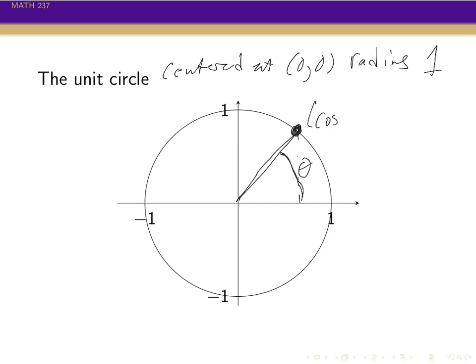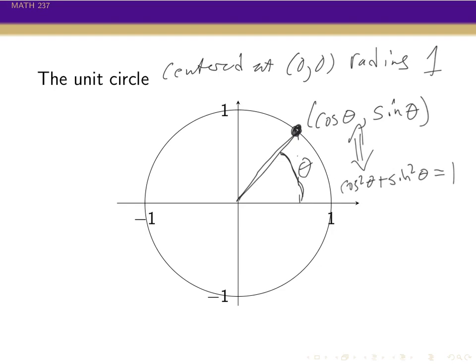And then the coordinates of that point right there are going to be cosine theta, sine theta, and this corresponds to one of the favorite forms of the Pythagorean theorem, that cosine squared plus sine squared is always equal to 1.